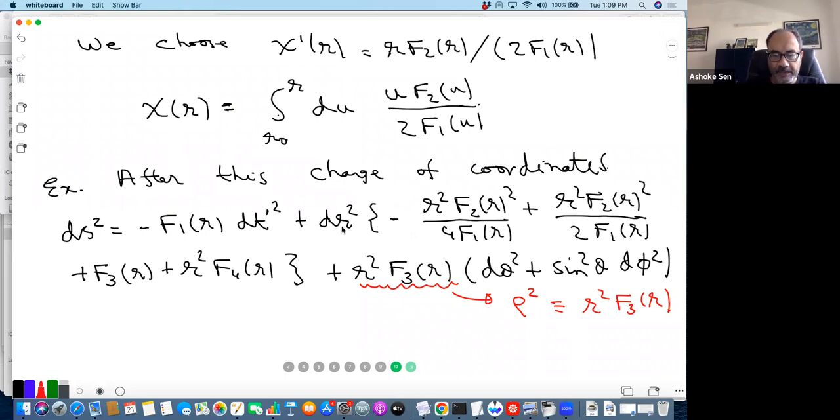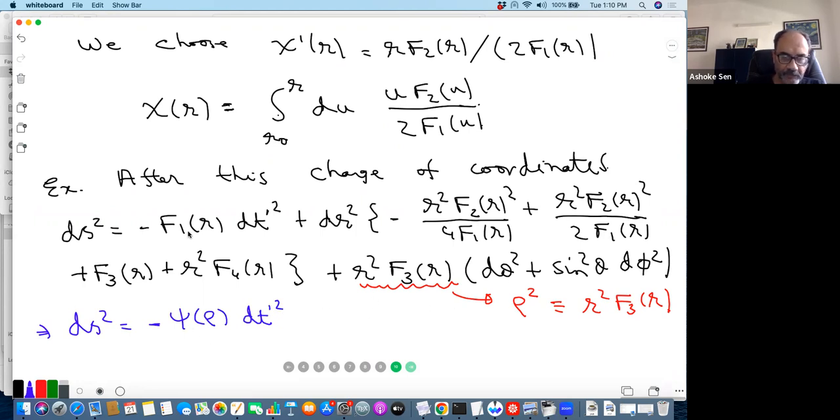So what we can do is replace r in terms of rho using this, and write ds square as minus psi of rho dt prime square.